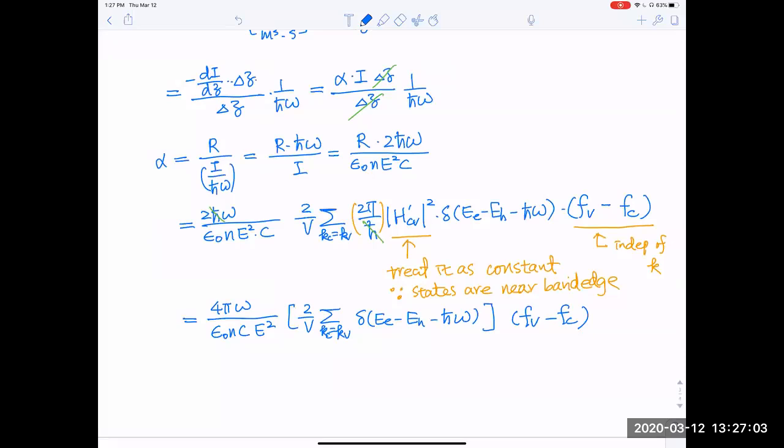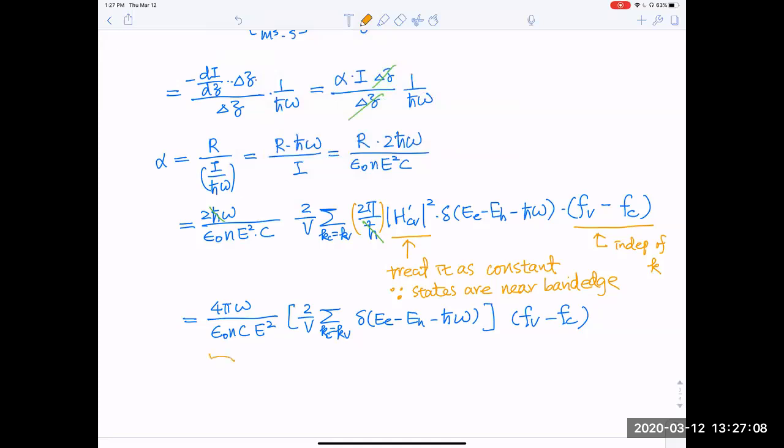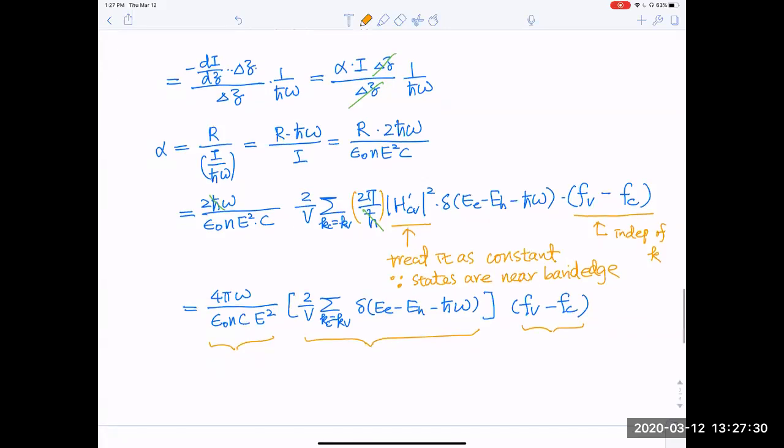So it breaks up into 3 simple parts, okay? The first part is basically just a constant. And the last part is a population factor, how many states are occupied by electrons and holes and so on. So only the middle term is related to the number of states available in the semiconductor.